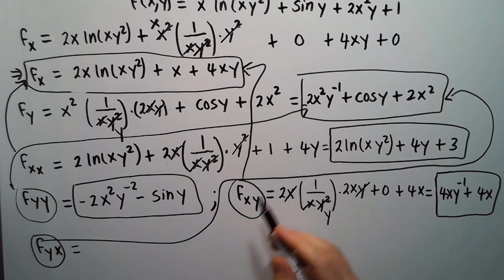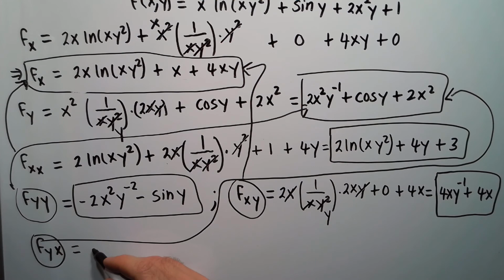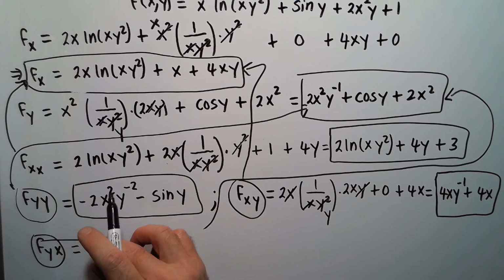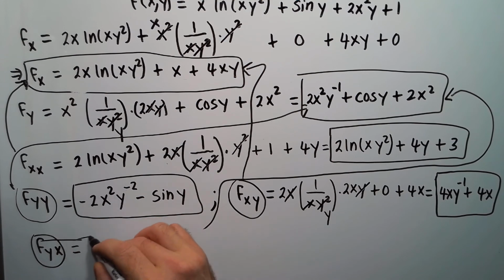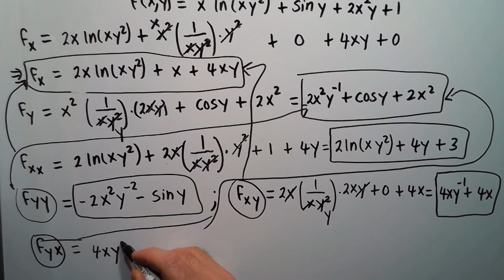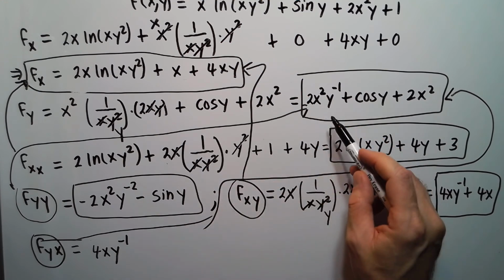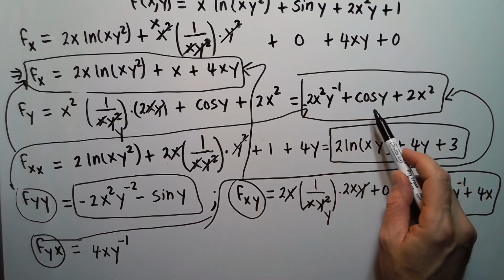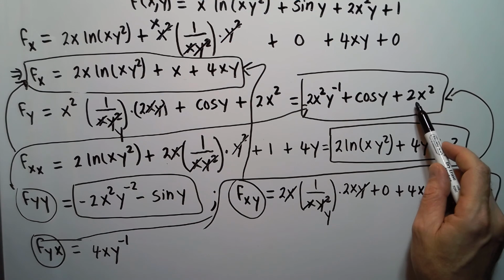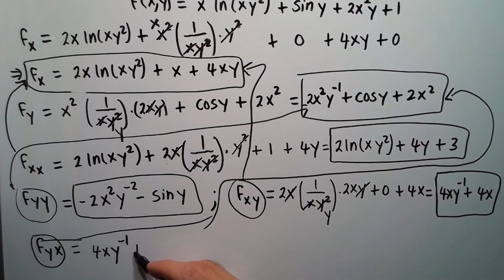So looking at the first one, it's going to be 4x y to the minus 1. Because the derivative of 2x squared would be 4x, and you still have the y to the minus 1. And derivative of cosine to be 0, so be gone. And derivative of 2x squared would be 4x. So that's our answer for this one.